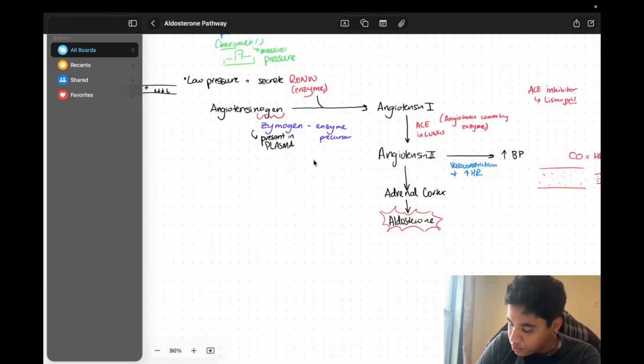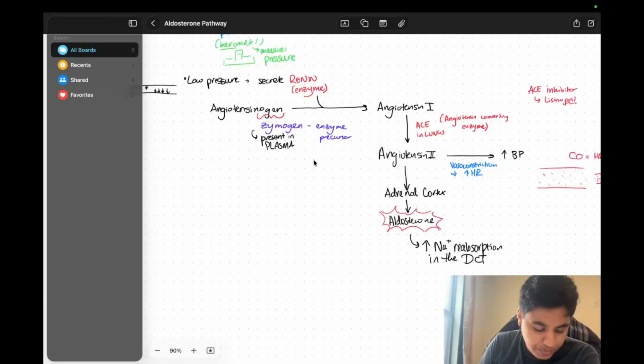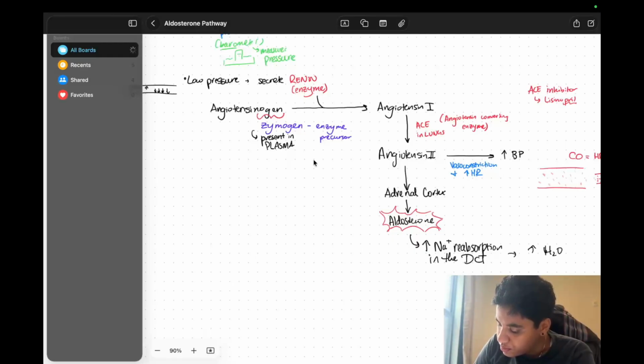So aldosterone increases sodium reabsorption in the distal convoluted tubule. And that then increases water reabsorption, which in turn increases the plasma volume.